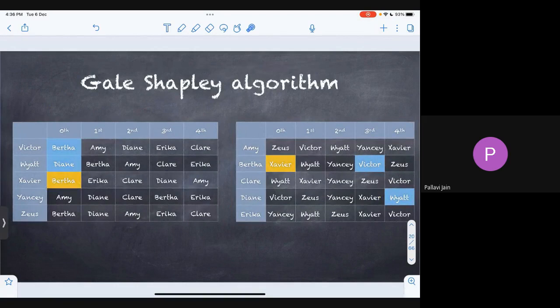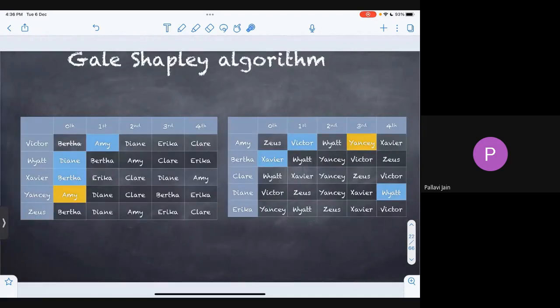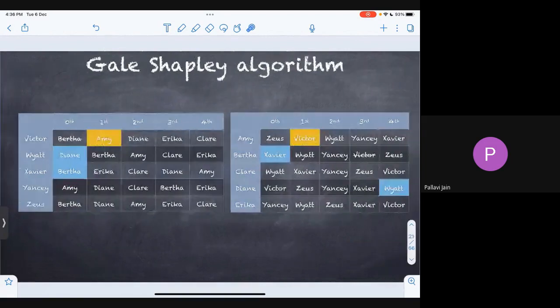Bertha was holding a proposal from Victor, and now Xavier is proposing to her. She likes Xavier more than all others, so she rejects Victor and moves up her list all the way to the top, to Xavier. Now followed by that, again, it's Amy.